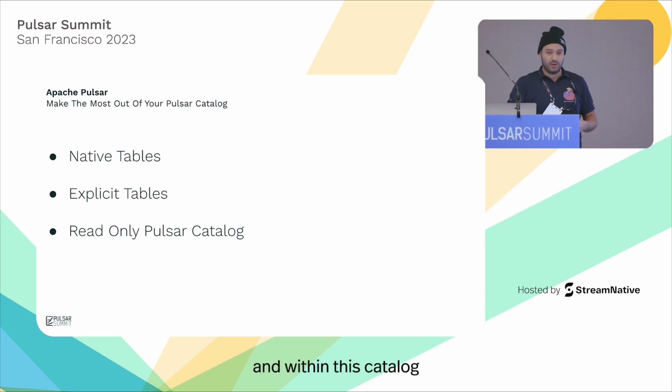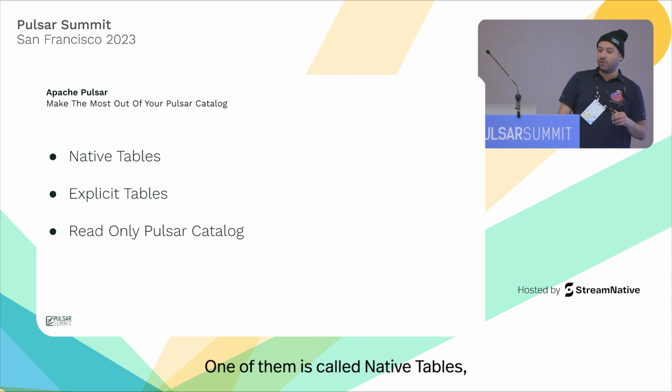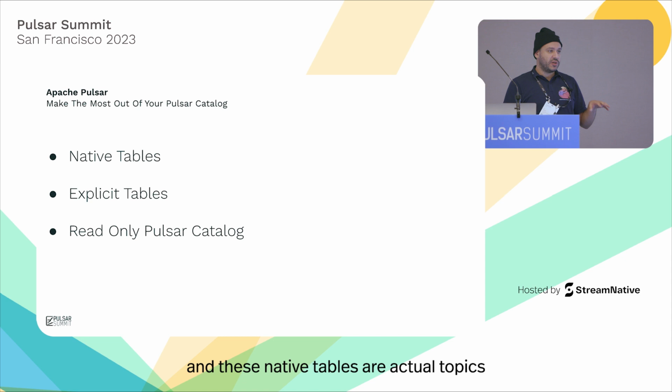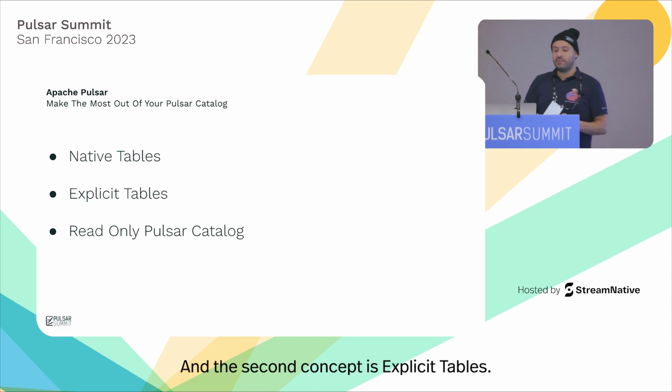Within this catalog, they have two separate concepts. One of them is called native tables, and these native tables are actual topics that are defined in Apache Pulsar, right? The second concept is explicit tables.